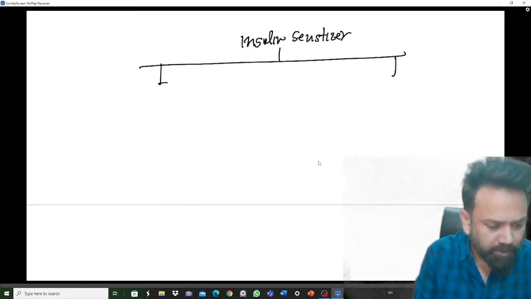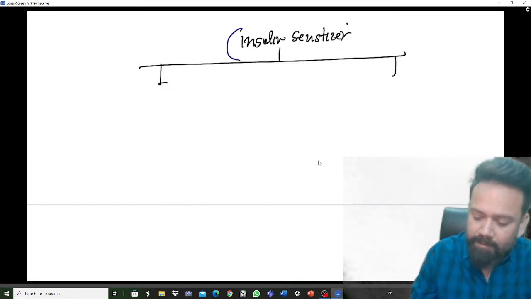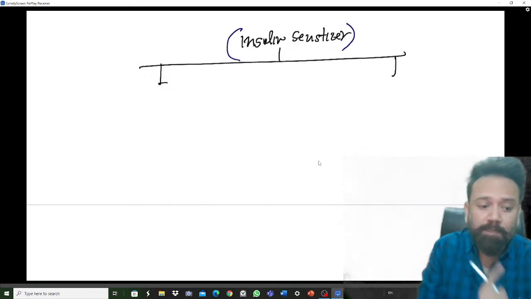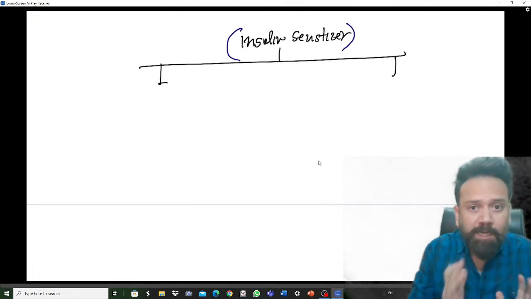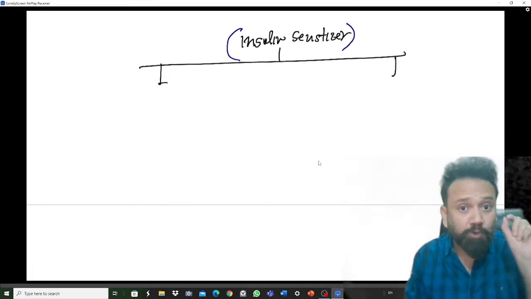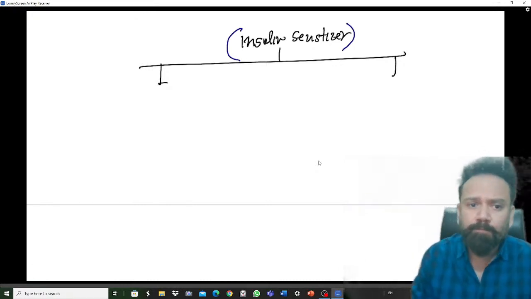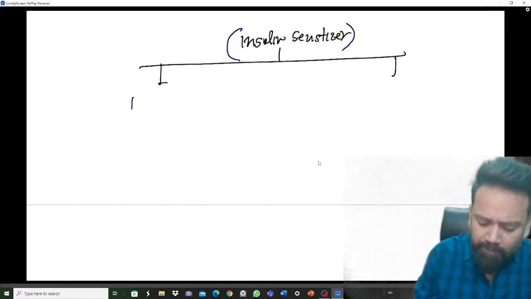There are only two drugs that are not secretagogues, but work at the level of the receptor. They should always be given if there is insulin resistance, doctor. One is commonly known to everyone, metformin.